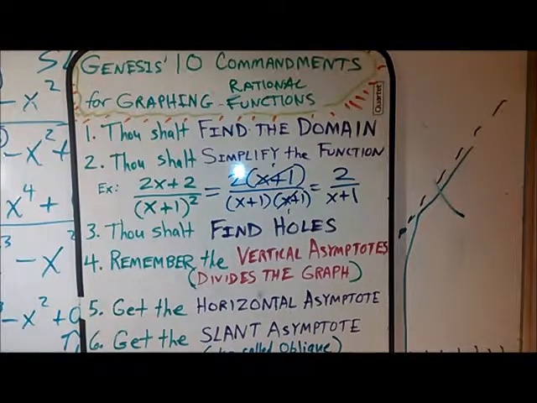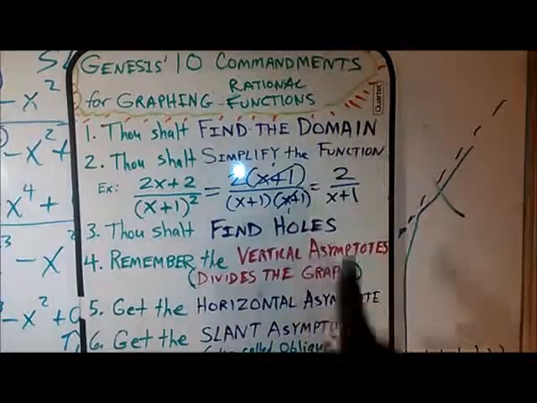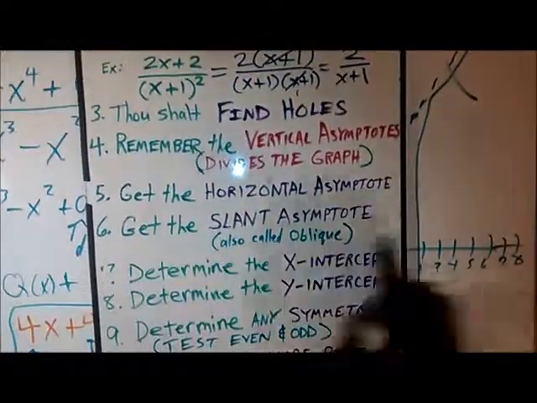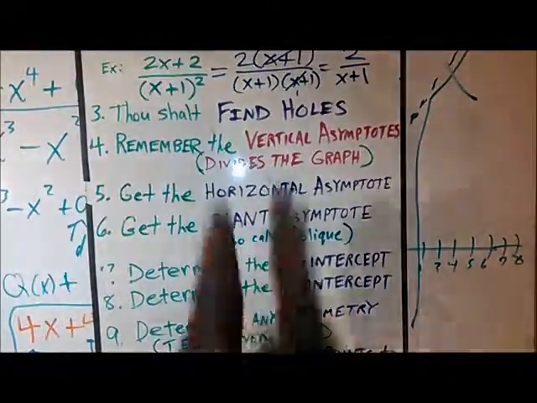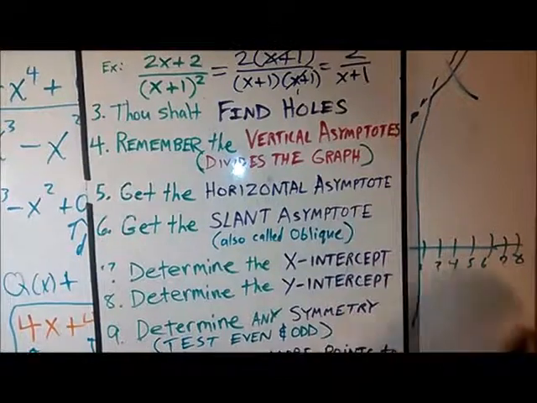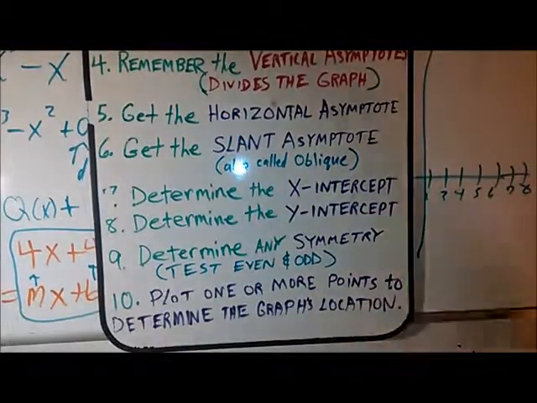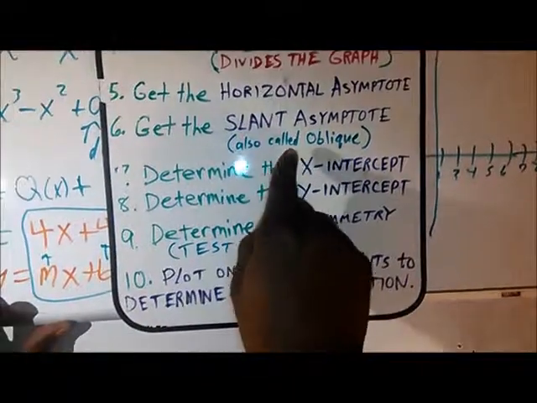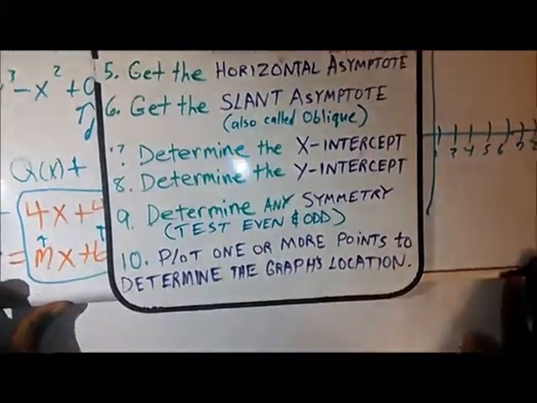So remember, to summarize, in order to graph rational functions, first you must find the domain, simplify the function, find the holes, find the vertical asymptotes, which divide the graphs like big walls of separation, and then the horizontal asymptote. If there's no horizontal asymptote, there could be a slant asymptote, so you conduct polynomial division to find it.